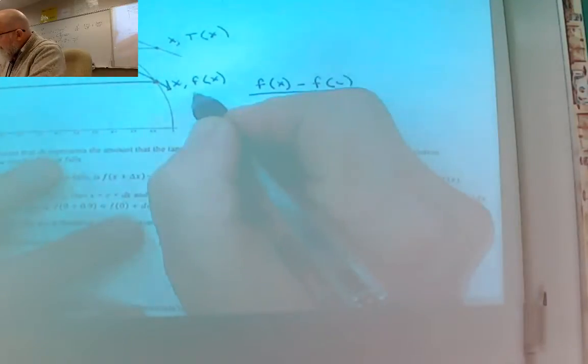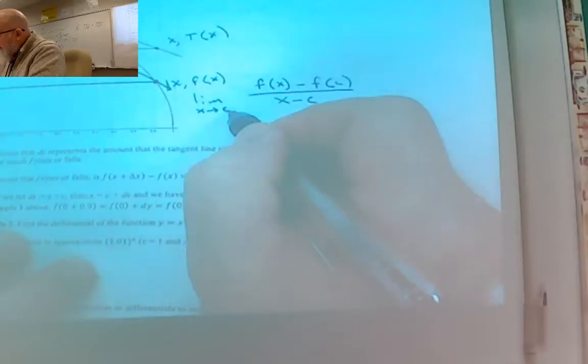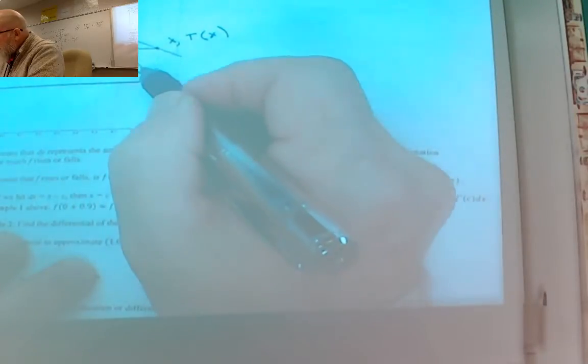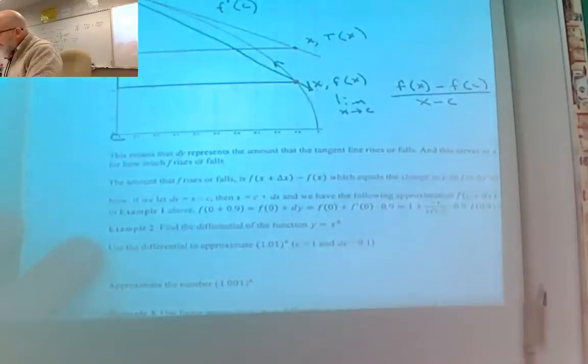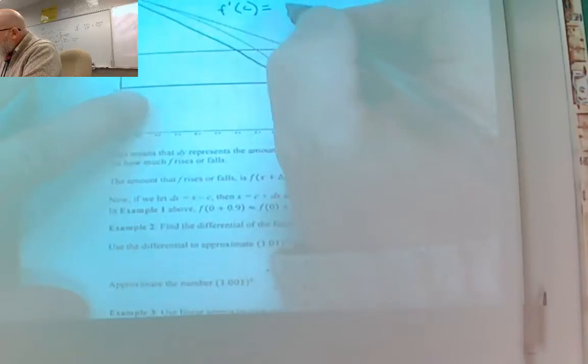The limit as x approaches c means this x is moving in this direction, correct? It's headed towards c, which is right there. And f prime of c equals dy over dx.